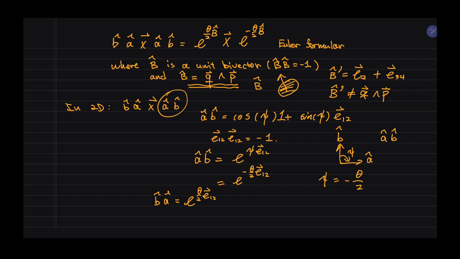So any kind of bivector in 2 dimension and 3 dimension can be expressed by the wedge product of a vector and another vector. So this is the special case when you're working above 3 dimension, which is 4 dimension, 5 dimension, and so on.